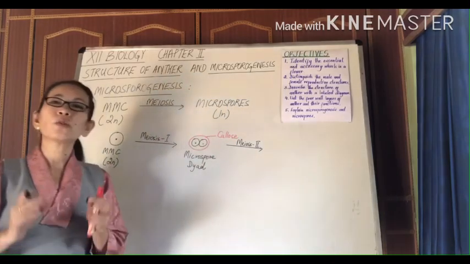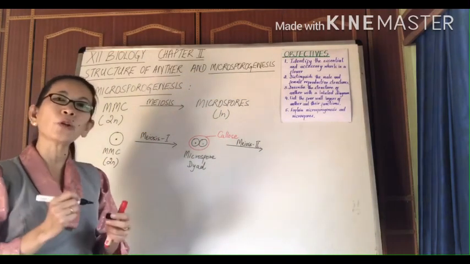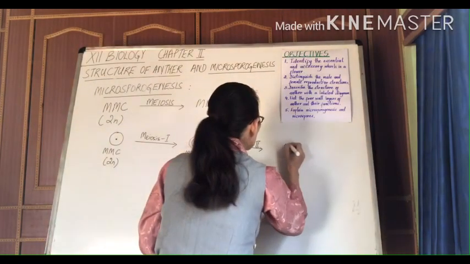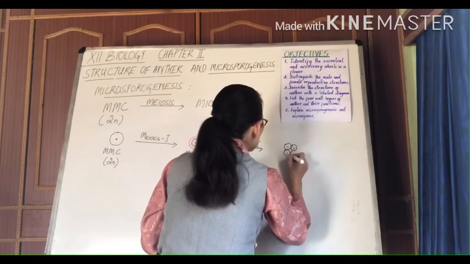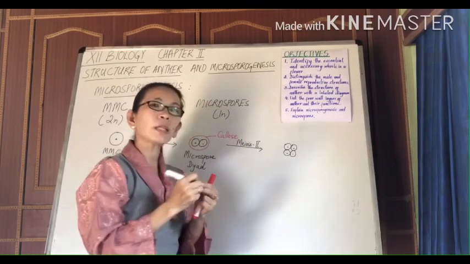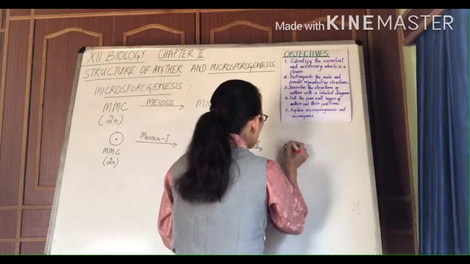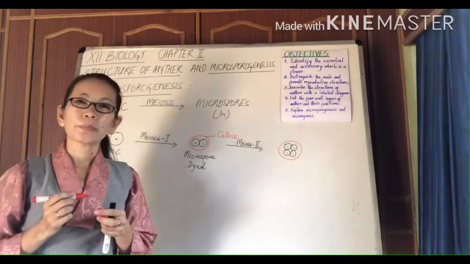So on completing the second meiosis, now we get 4 daughter cells, right? And those 4 daughter cells are again going to be enclosed inside the callose membrane. So, second meiosis forms 4 daughter cells, which are known as microspores, enclosed in the membranous body, right?